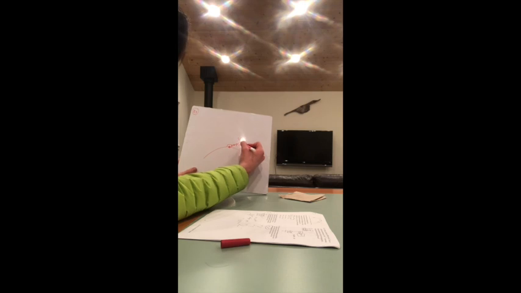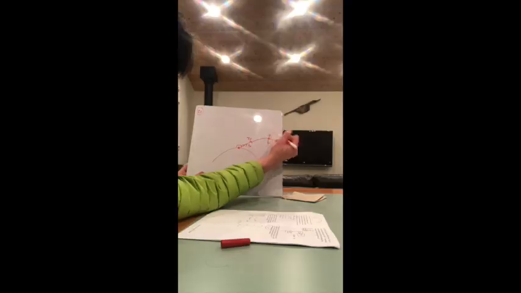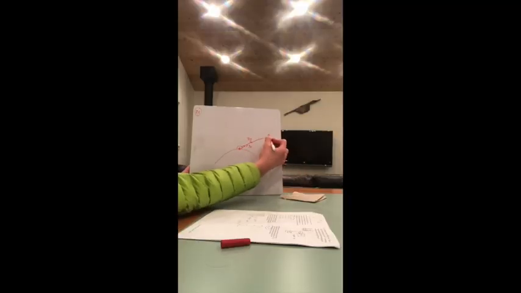So the cannonball is going to make a parabolic path like this, and at the top of its path, the y velocity is 0.